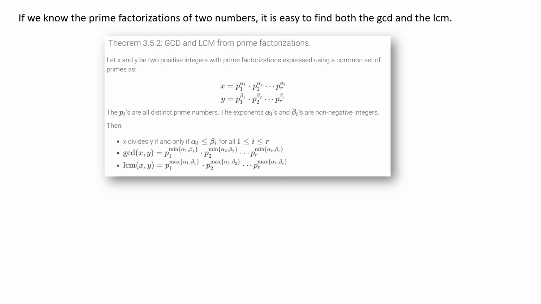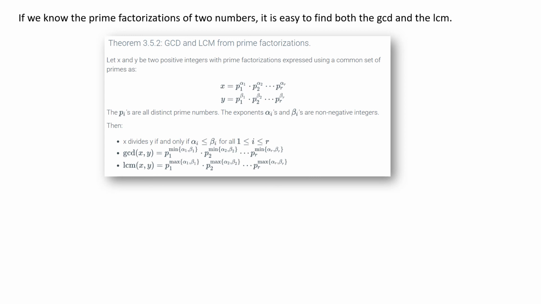So I write out x in terms of those prime factors using the exponents, write out y, and if the alphas are always smaller than the betas, then we can say that x divides y. That's one thing.